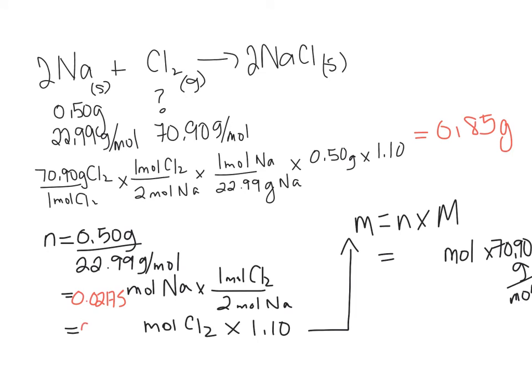So 0.0217 divided by 2 is 0.01087. Oh, I'm sorry. I thought you were saying it was 0.08, not 0.01. Okay. Now, if you take that number and multiply it by 1.1, what do you get?